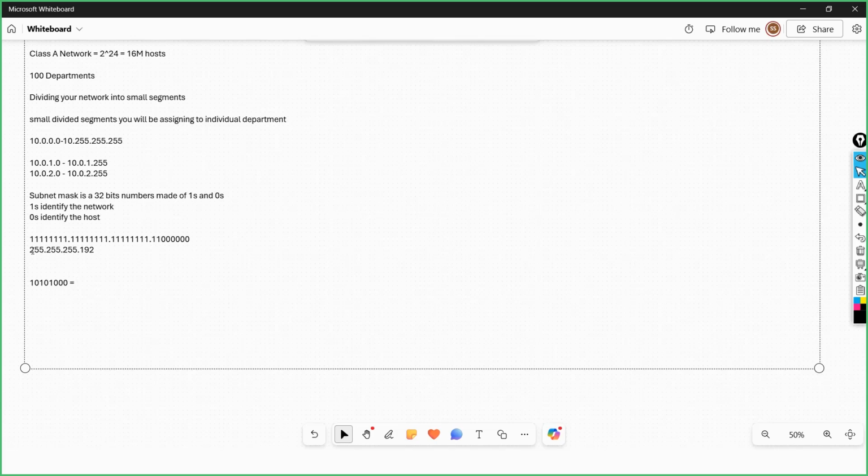Please convert it and write it in the chat box, because this is very important. If you want to learn subnetting, you have to be very much expert in conversion of binary to decimal and hexadecimal and all. What is going to be the number over here?